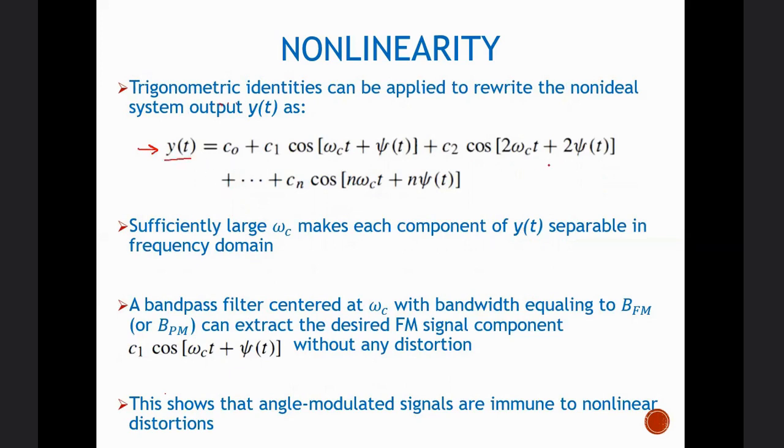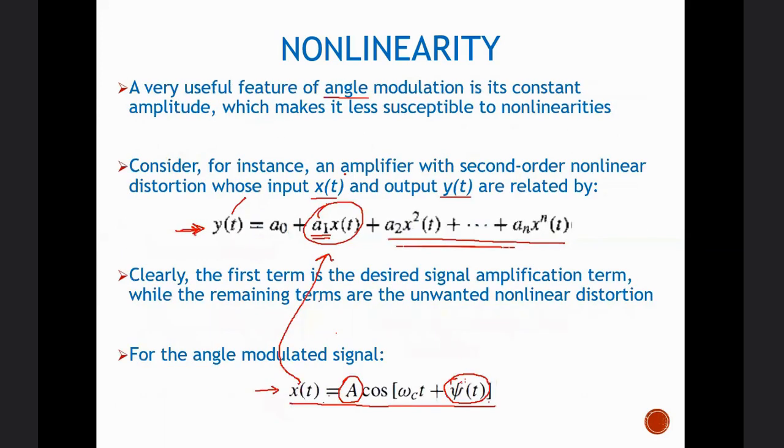Here we can see we have the higher frequency terms, 2 omega c, 3 omega c, and up to n omega c. How can we obtain them? This has been done using a trigonometric identity. For example, cos square theta can be written as (1 plus cos 2 theta) divided by 2.